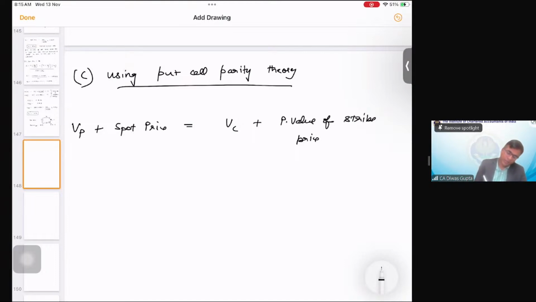Correct? So value of put option is what we have to find out. What is the spot price? 380. What is the value of call option at this spot price? 10.52. What is the present value of strike price? Strike price is 400. The present value is given by e raised to the power 0.05 into 0.25.